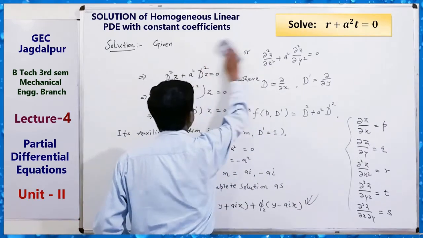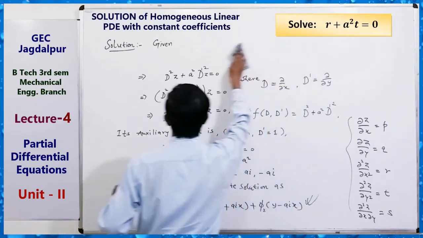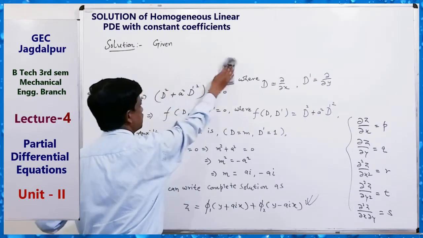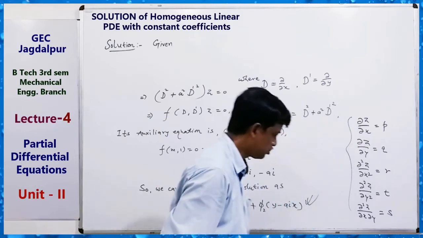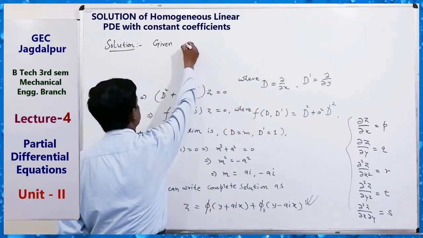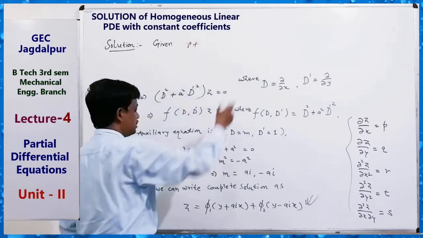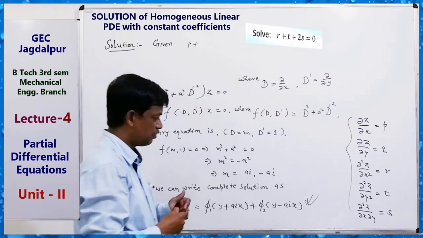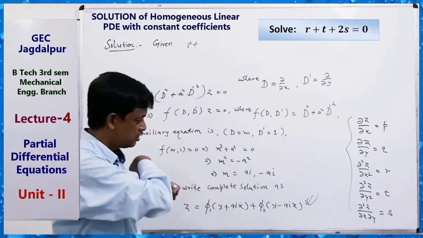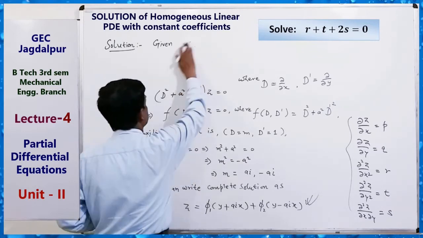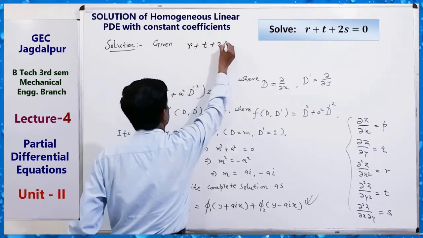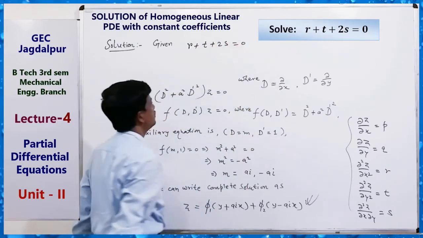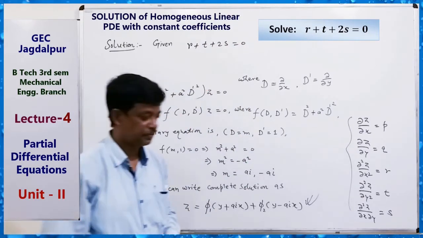Similar questions. Take another question: r + t + 2s equals 0. This is given, the second question.